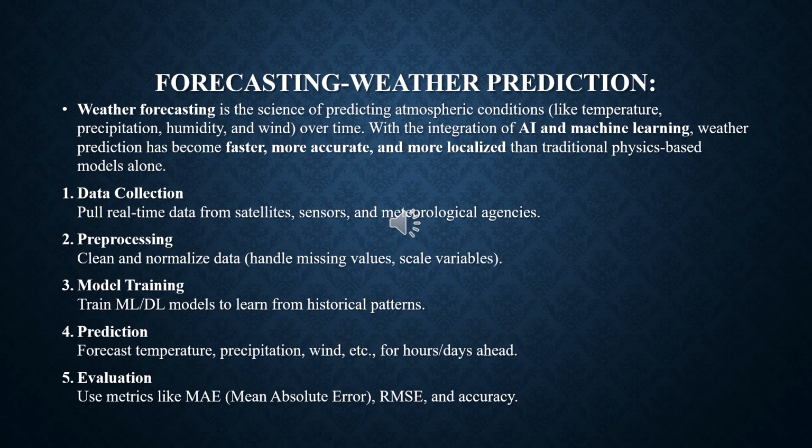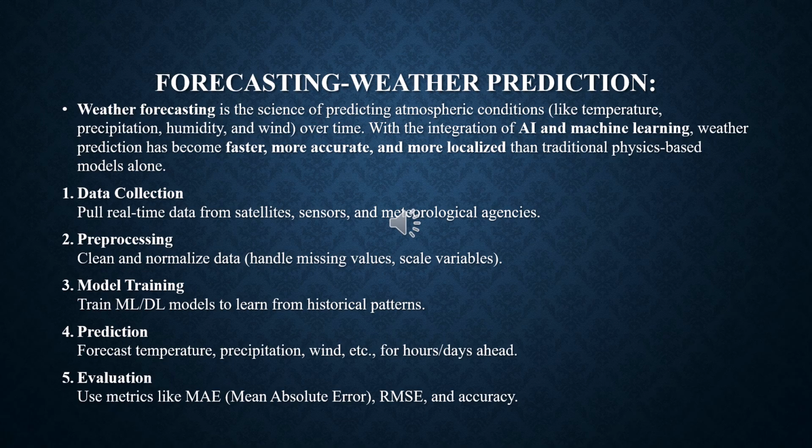Like that, weather forecasting is integrated into our applications. We don't know if today will be sunny or rainy, but using the climate data you predict with a model. That purpose is called weather prediction forecasting.